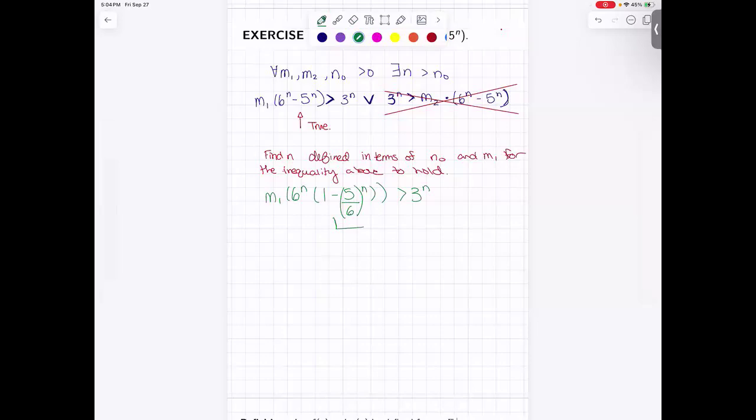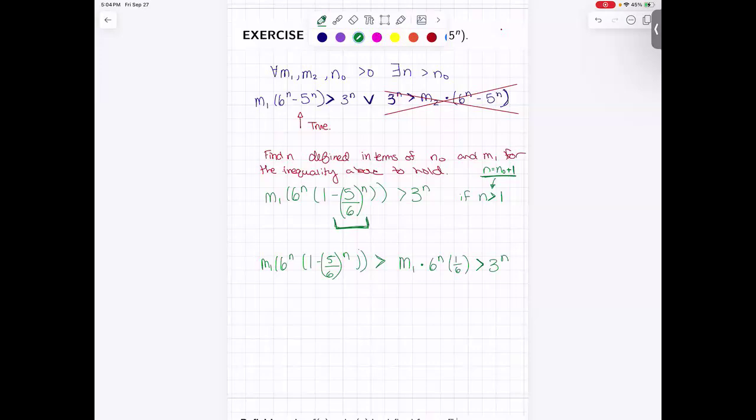We can notice that as long as n is going to be greater than 1, which don't forget basically means n is equal to n naught plus 1, to ensure that it's going to be greater than 1, we can say that m1 times 6 to the n times 1 minus 5 over 6 to the n is going to be greater than m1 times 6 to the n times 1/6, which will be greater than 3 to the n.